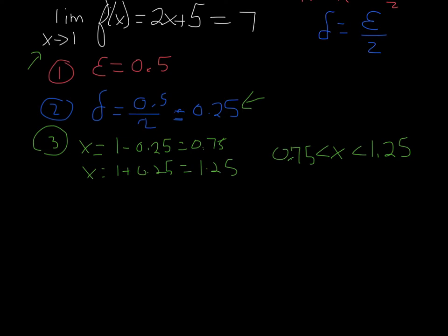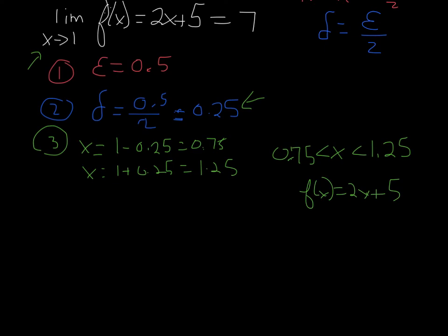We're going to choose that x value and we're going to put it back into the function, 2x plus 5. And the way the rules are set up, it says that if we get an answer that is within epsilon of our limit, so let's make that make more sense.